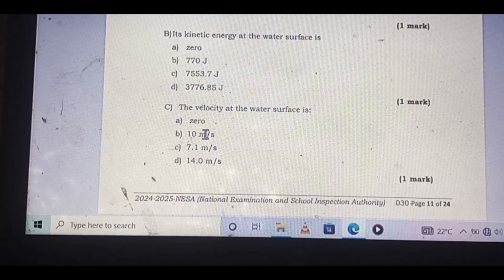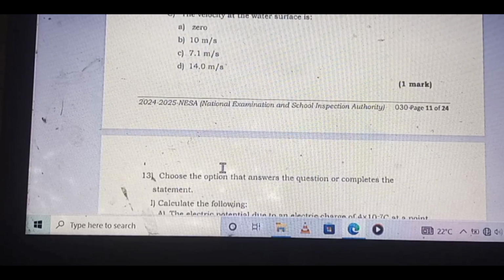The correct answer is letter C, 7,553.7 joule. C. The velocity at the water surface is. The correct answer is letter D, 14 meters per second.